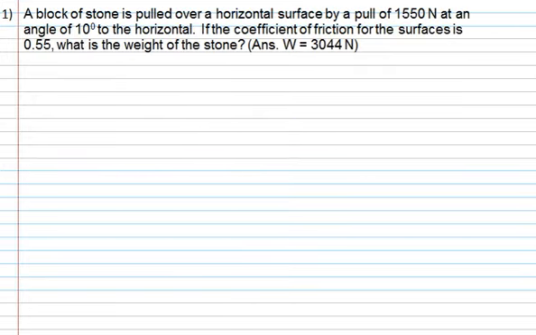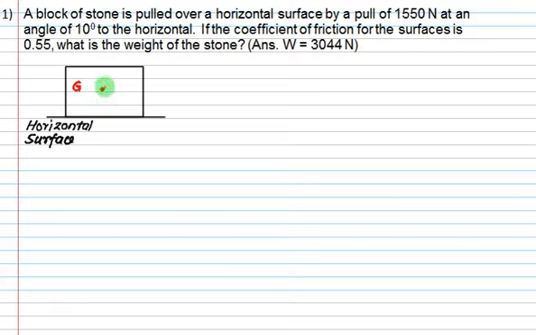A block of stone is pulled over a horizontal surface by a pull of 1550 Newton at an angle of 10 degree to the horizontal. If the coefficient of friction for the surface is 0.55, what is the weight of the stone? If the center of gravity is like this, the pull is applied this way.